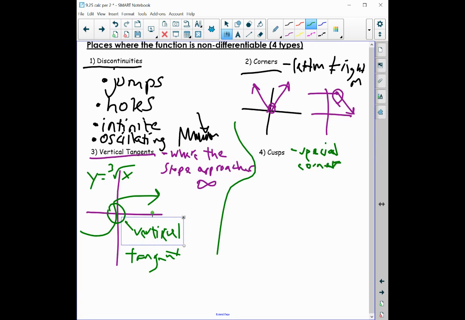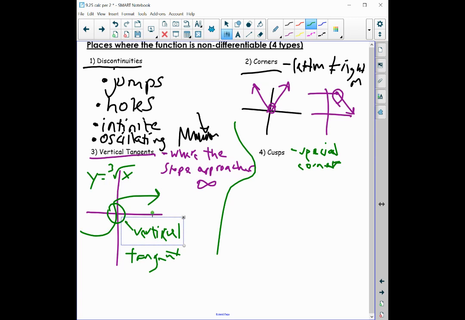Cusp is to corner as square is to rectangle. A cusp is a specific type of corner. And what I would like to say is if vertical tangents and corners got together and made a baby, then that would be a cusp.